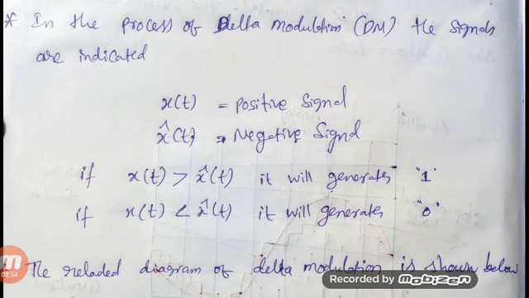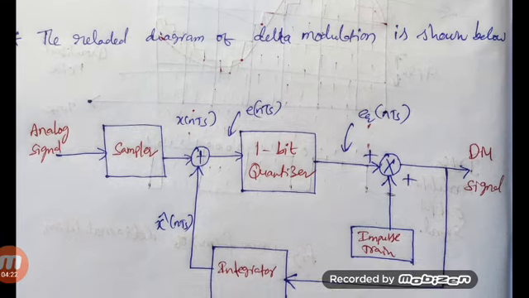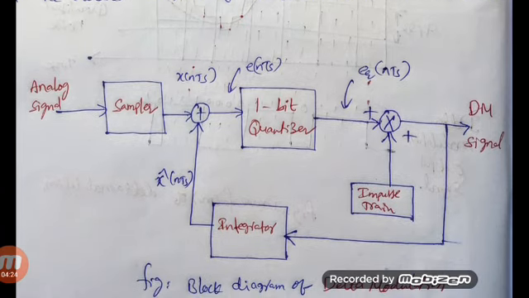If x of t is greater than x cap of t, it generates the upper state, or 1. If x of t is less than x cap of t, it generates 0 or the lower state. That means x of t indicates the positive signal and x cap of t indicates the negative signal.